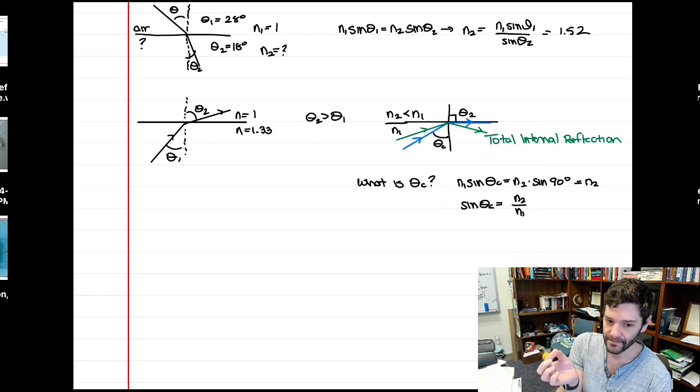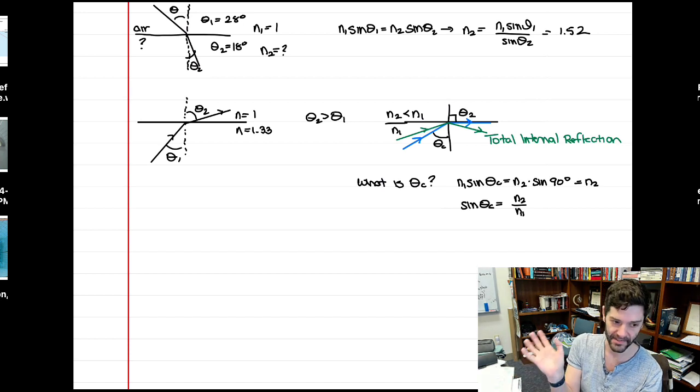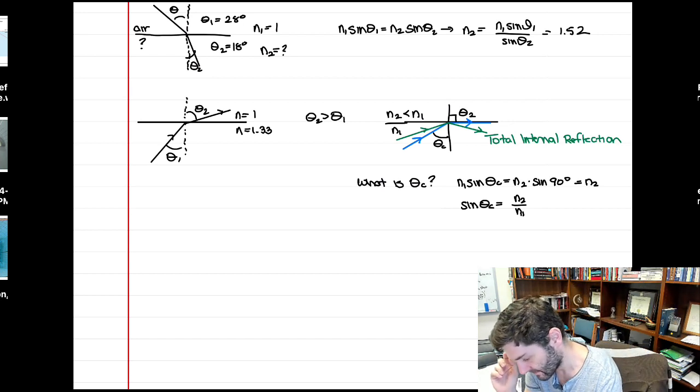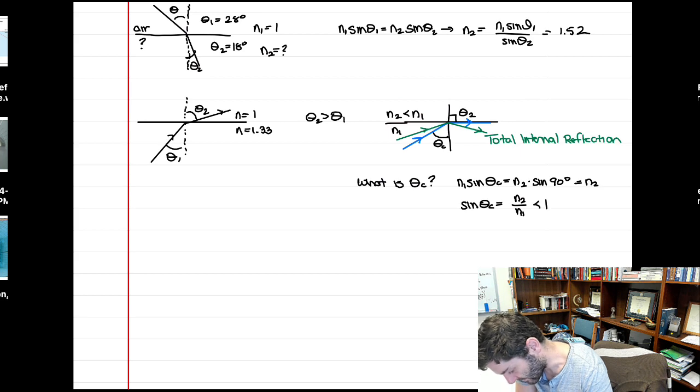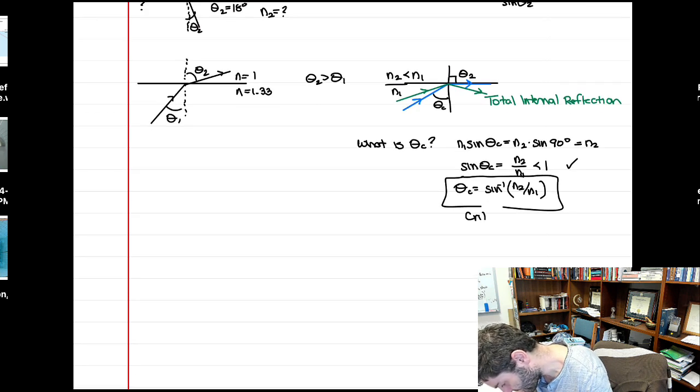The sine of an angle can only give you back a number that's between 1 and -1. So if n2 divided by n1 was, say, 3, then we would already know that this is nonsense. But we made the assumption that n2 was less than n1. So this entire thing is, by definition, less than 1. So that passes our sanity check. So then theta crit is equal to the inverse sine of n2 divided by n1. And that is the critical angle for total internal reflection.